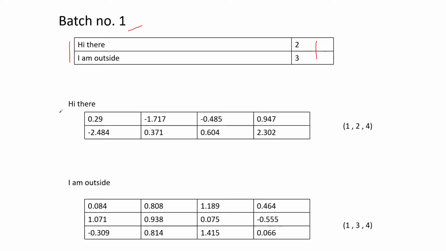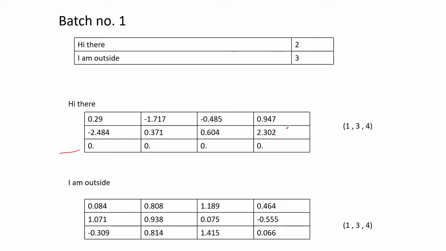Now what is the next step? Before that, you can see this was our embedding. This was for "hi there", which was 1 cross 2 cross 4, and "I am outside" had 3 words, 1 cross 3 cross 4. Now we are going to pad one row over here.